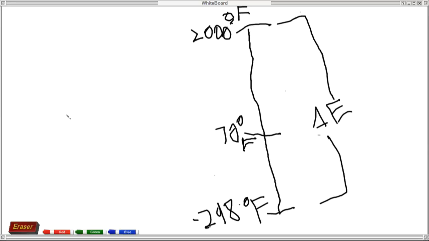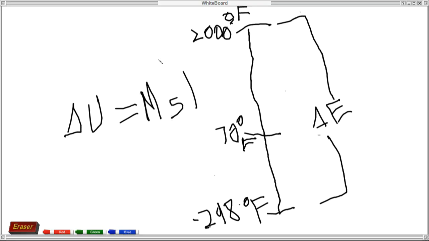Now if you look at the formula, delta U equals MST. Okay, this is the formula for deducing how much energy is within a mass. So this is your mass. This is your coefficient for the material, which is diamond.